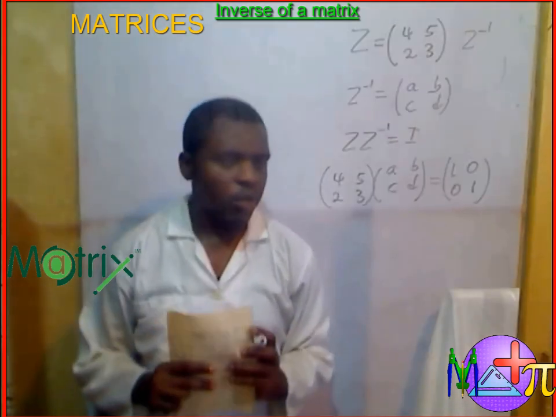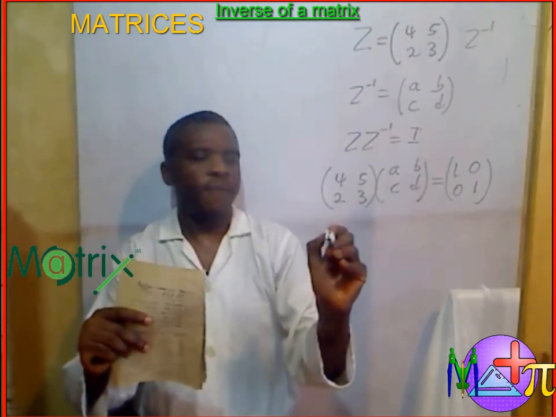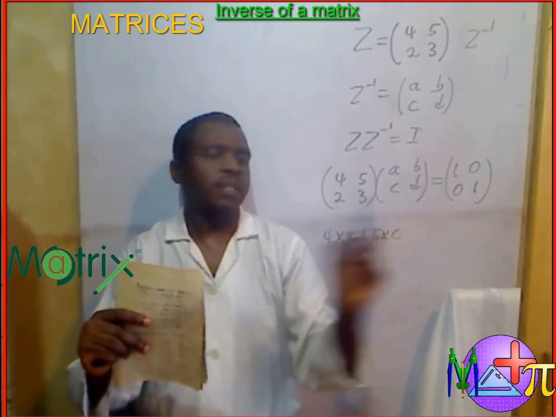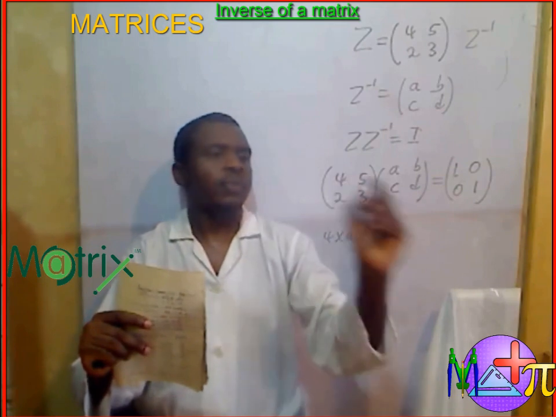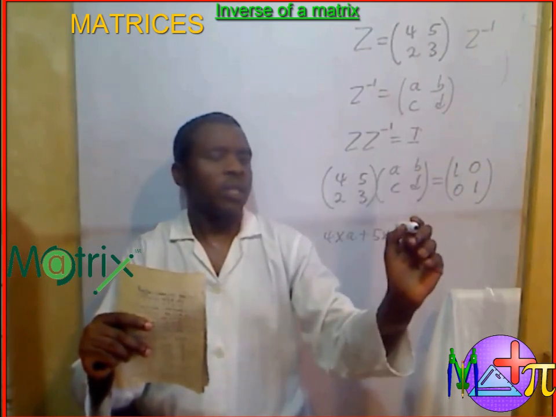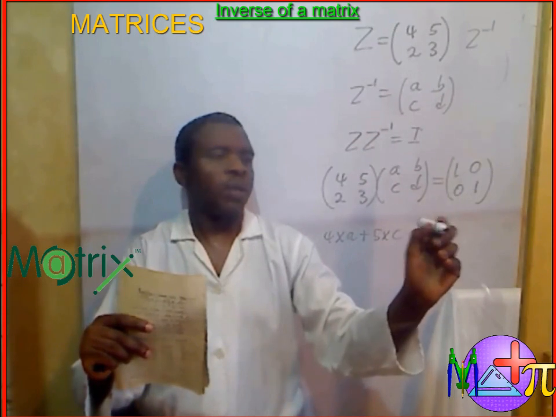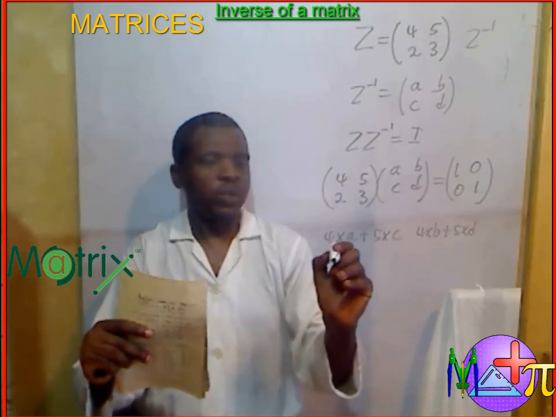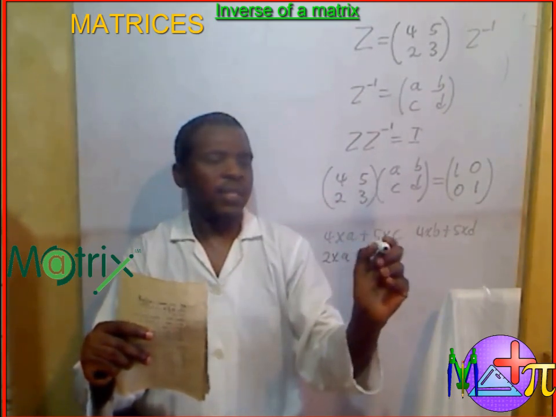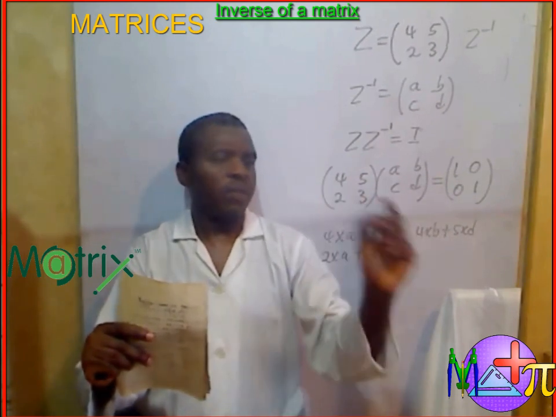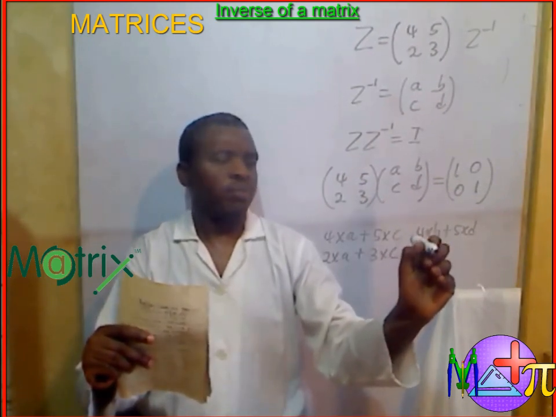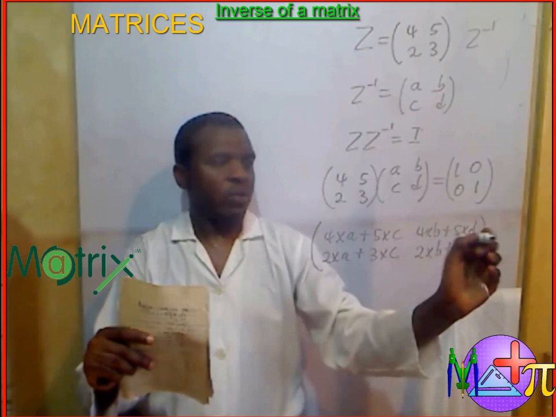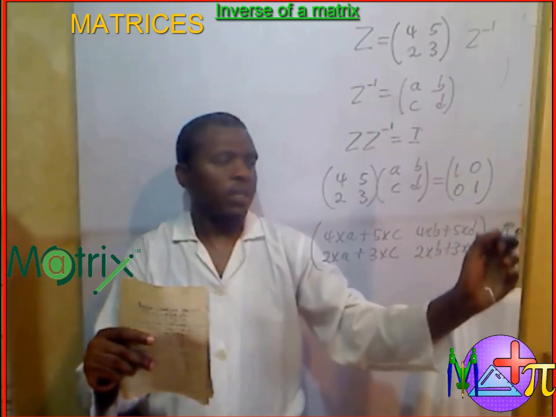Now let's do the multiplication. This is 4 times A plus 5 times C. I take the next column, 4 times B plus 5 times D. This is 2 times A plus 3 times C. This will give us 2 times B plus 3 times D. This is equal to 1, 0, 0, 1.